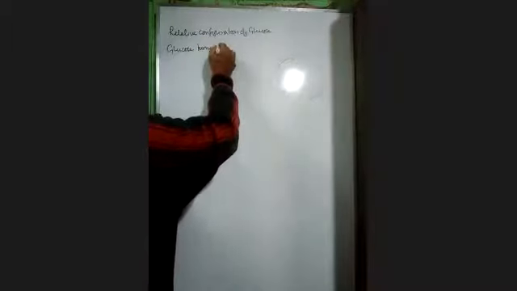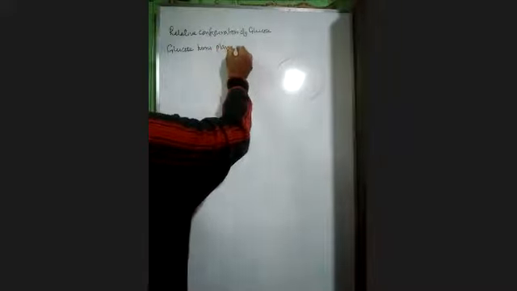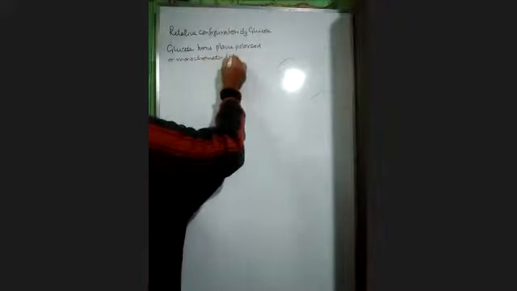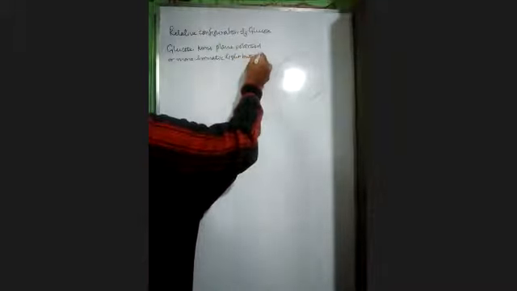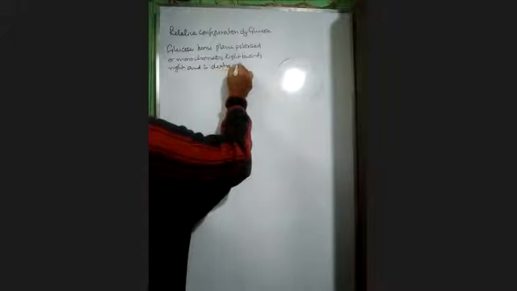Okay. Right here now. Glucose turns plane polarized or monochromatic light towards right, and is dextrorotatory.